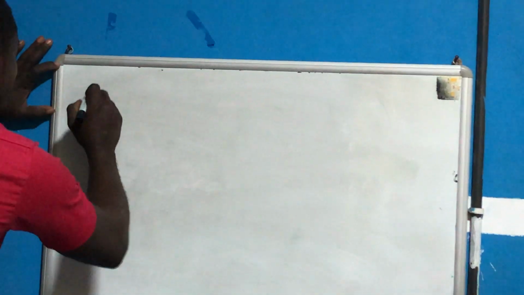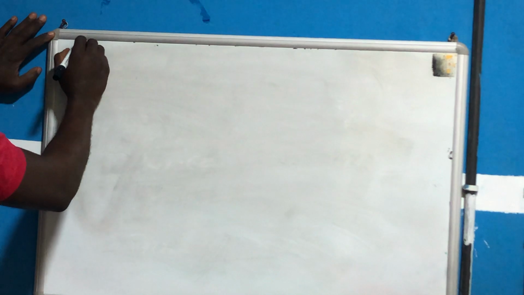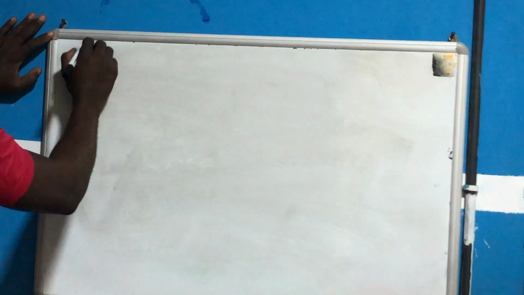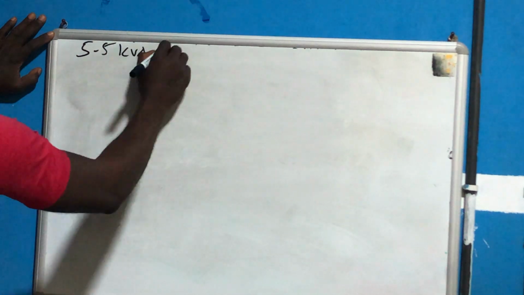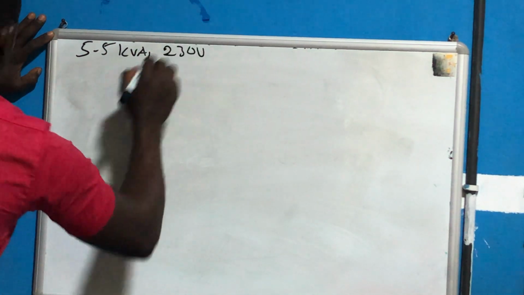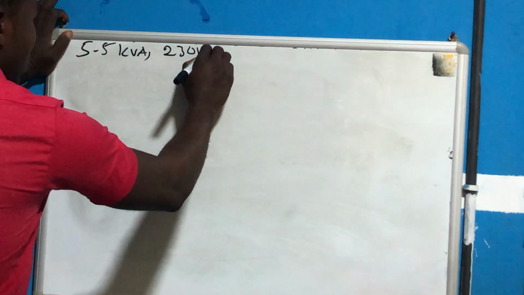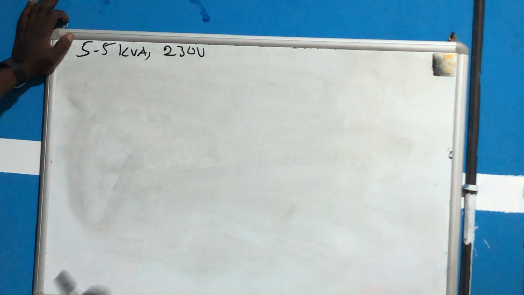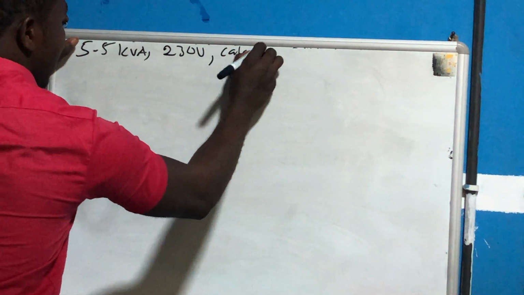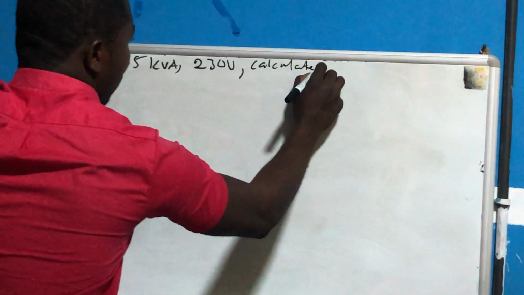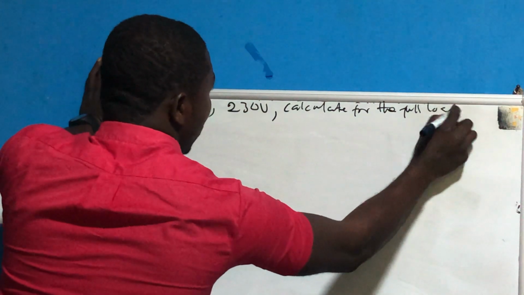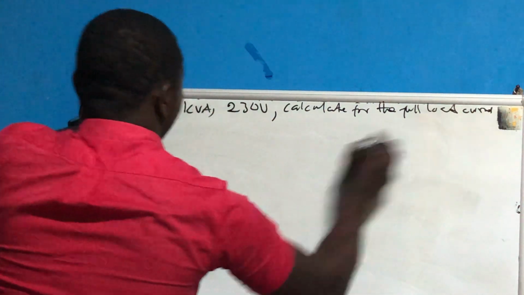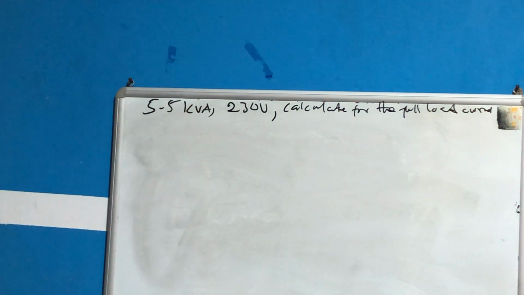I have a generator at the site, and the generator has been rated in kVA. It's 5.5 kVA, 230 volts. I'm asked to calculate the full load current of that generator.